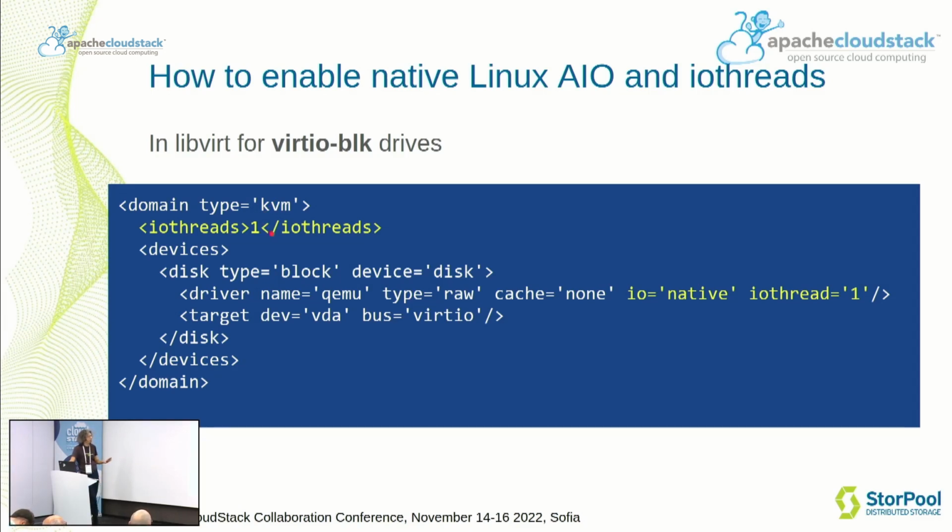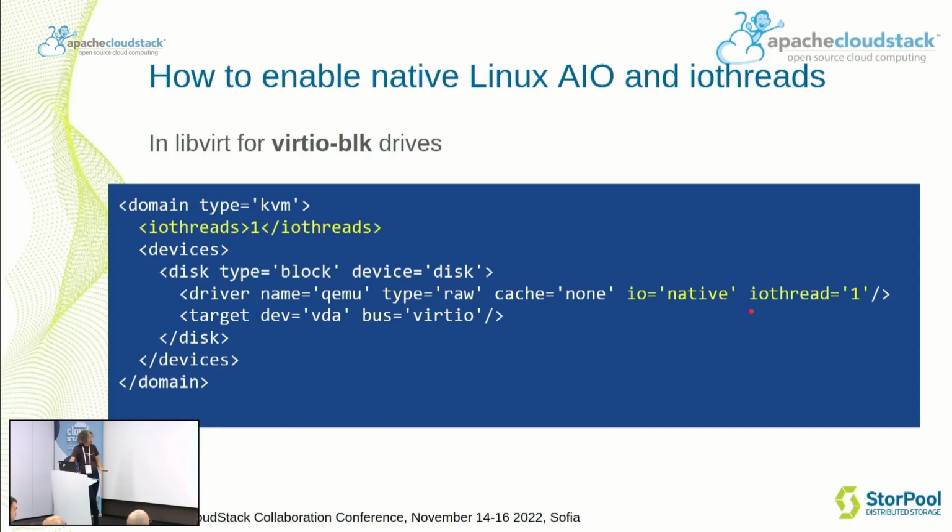So first, since we are always using libvirt to define virtual machines, I'll show here only the libvirt interface. First we need to enable iothreads, and here we can specify the number of iothreads. Then for every block device we need to specify whether it will use an iothread and which iothread it will use.